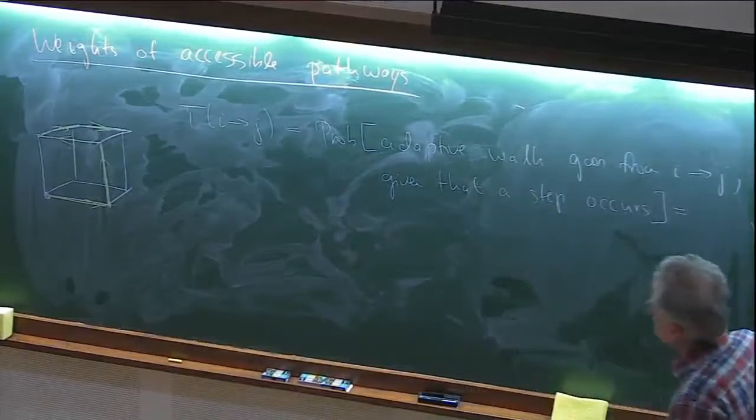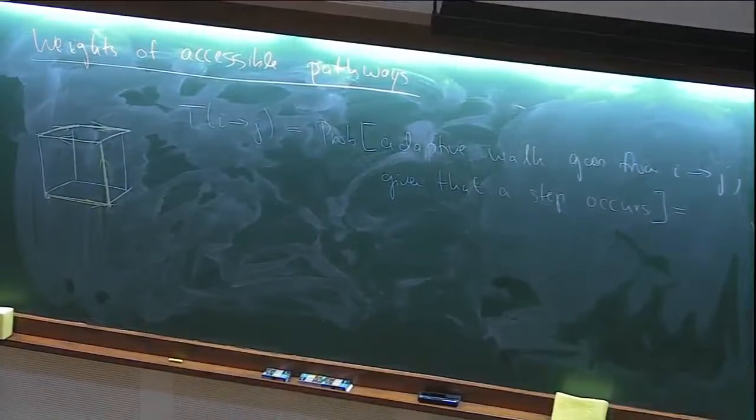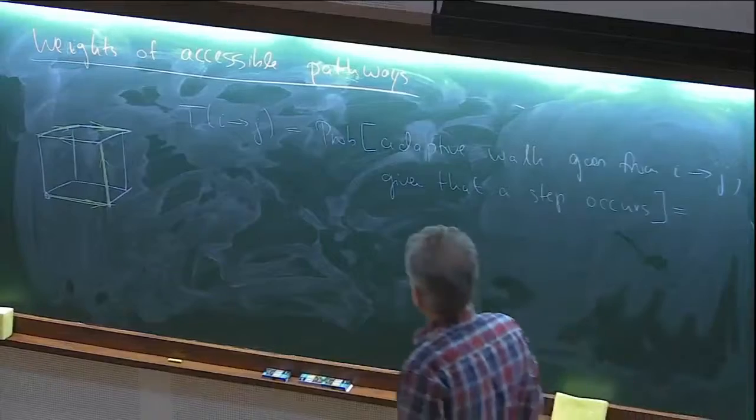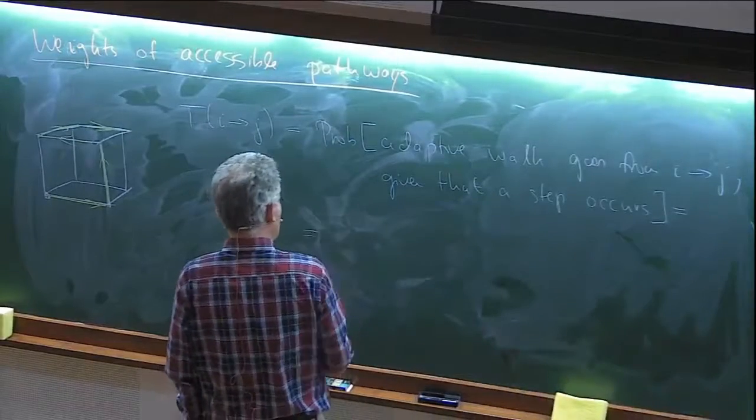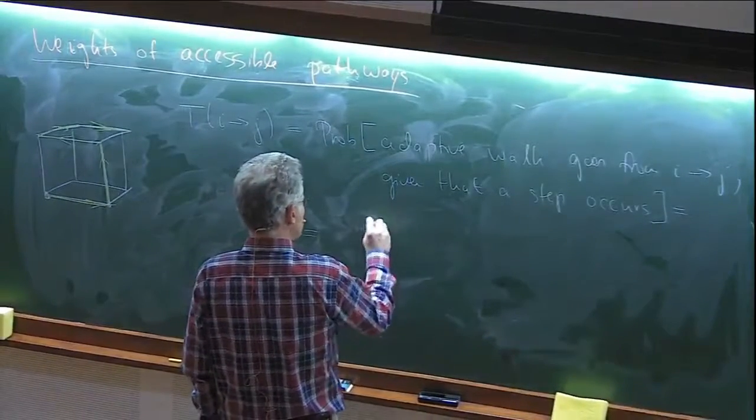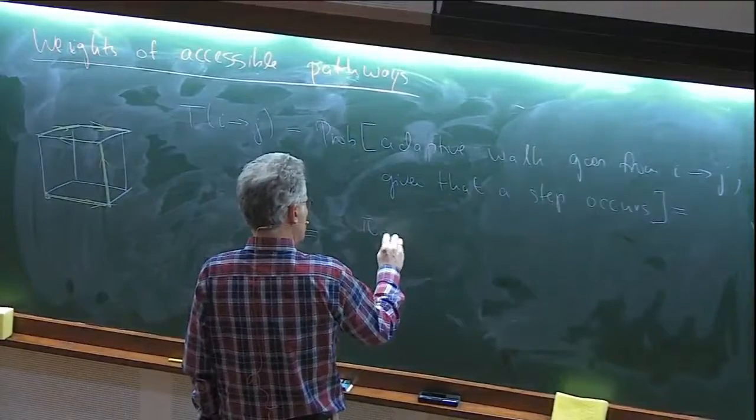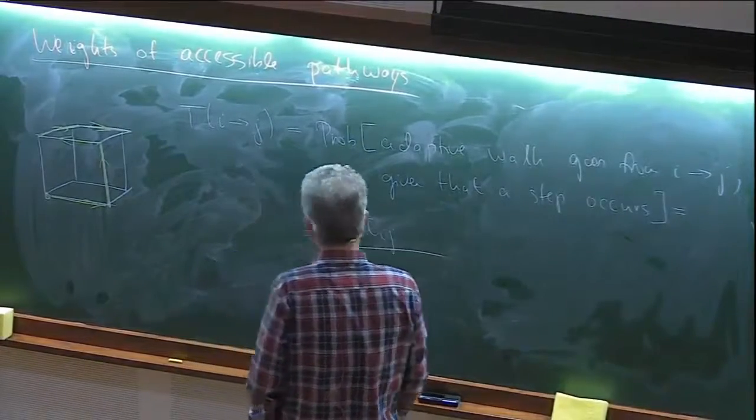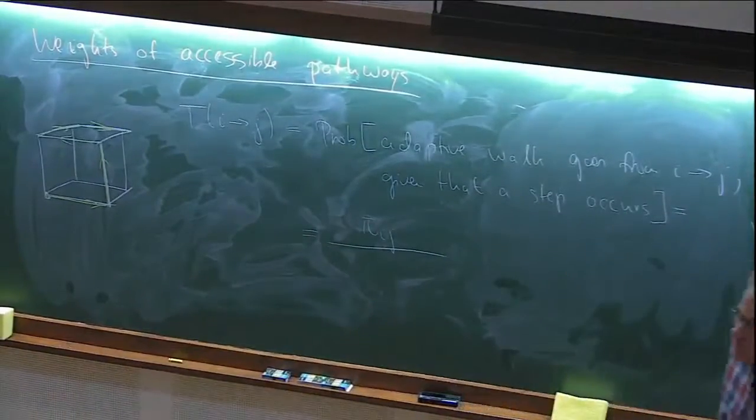And what Gillespie showed, and this is actually very plausible, and it's easy to prove formally, is that you have to take the fixation probability of that particular step, and you have to normalize it by the fixation probabilities of all the other steps that could have occurred.